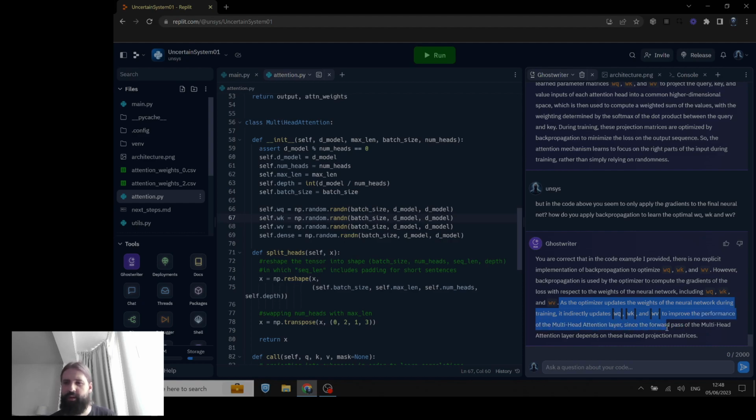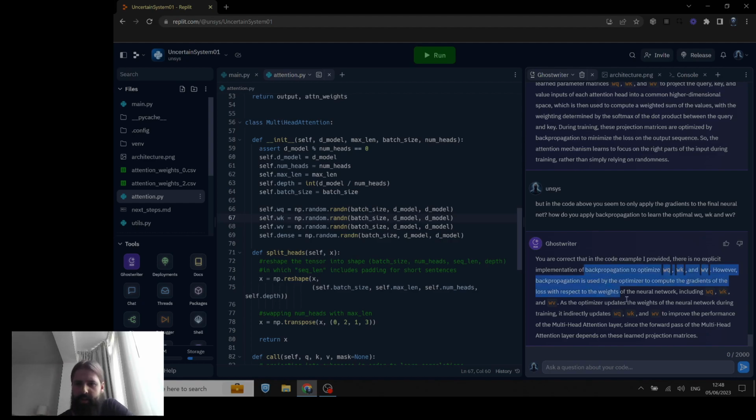Since the forward pass of the multi-head, okay, that's for next session. How is this supposed to work? I don't know.